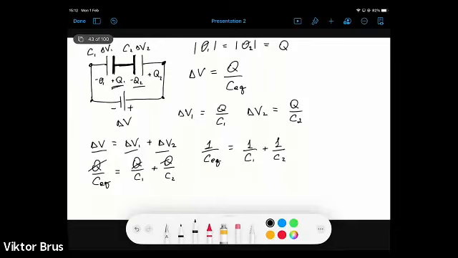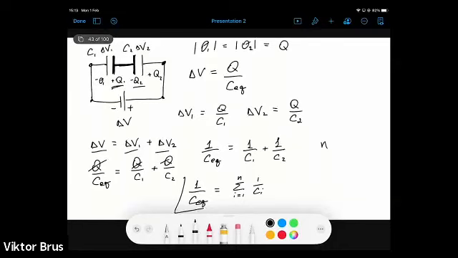So we can now extend this to a larger number of capacitors connected in series. Let's say we have some N capacitors connected in series, and when we want to determine equivalent capacitance, then we need to sum from i equal to 1 to N of 1 over Ci.